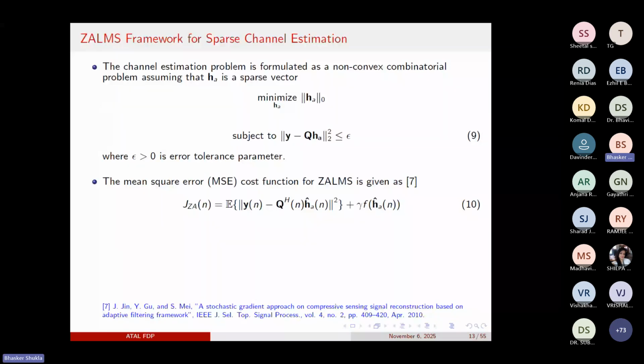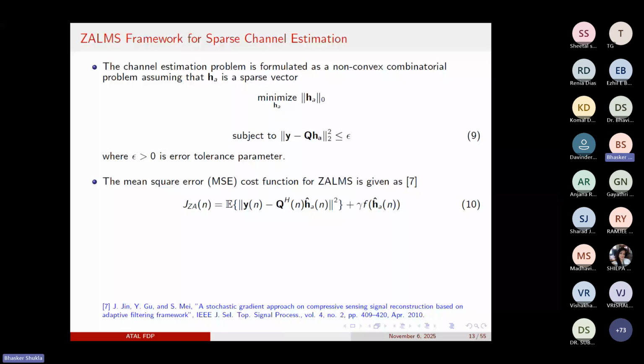So we have to find the solution for this optimization problem. Again, there are many algorithms, but here I have applied the zero tracking LMS based algorithm.